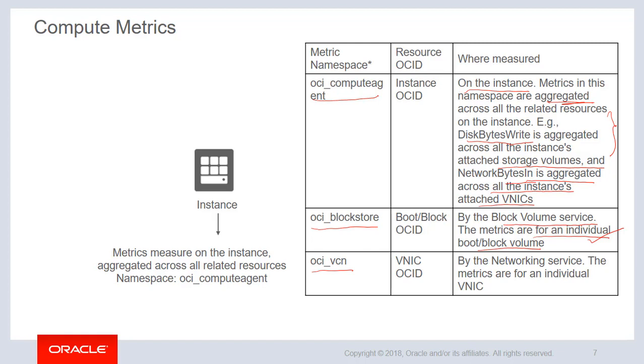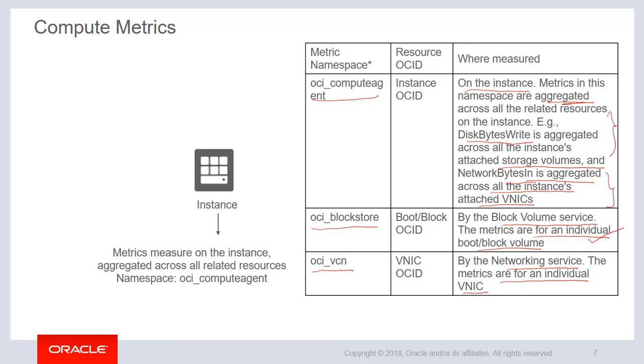It's measured on the networking service, and the metrics are for individual VNIC. Right here we had everything aggregated for that particular instance. So hopefully you can see how the perspective changes if you are talking about a namespace on the compute instance versus a namespace, let's say individually for a block storage or a virtual cloud network.